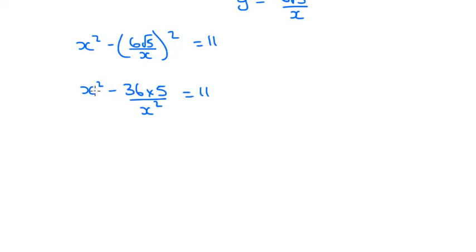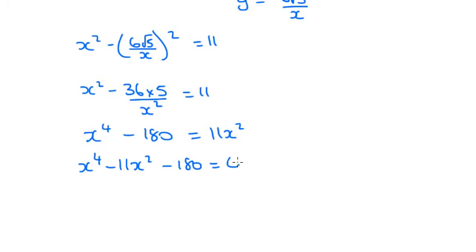We're going to times each term by x squared to get rid of this fraction. So we'll then have x to the power of 4 minus 180 is equal to 11x squared. And we can rearrange this to get x to the power of 4 minus 11x squared minus 180 is equal to 0.